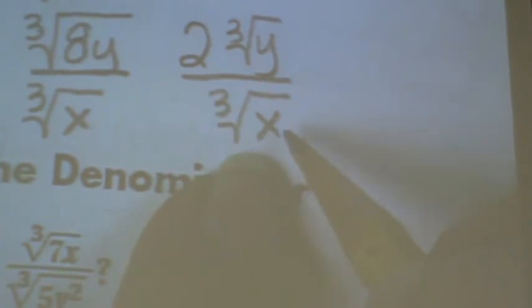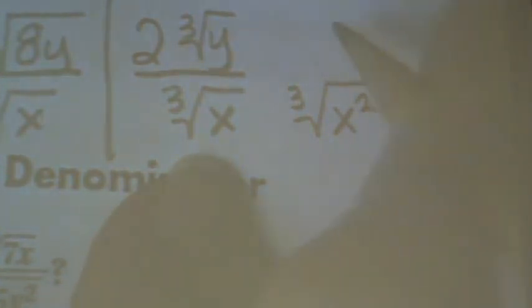Now this one you're going to have to rationalize. What are we missing to get rid of this radical down here? We have x, and we need x squared, so we need 2 more x's. So we're going to have to multiply by the cube root of x squared. Does that make sense? So we need the cube root of x squared on top.